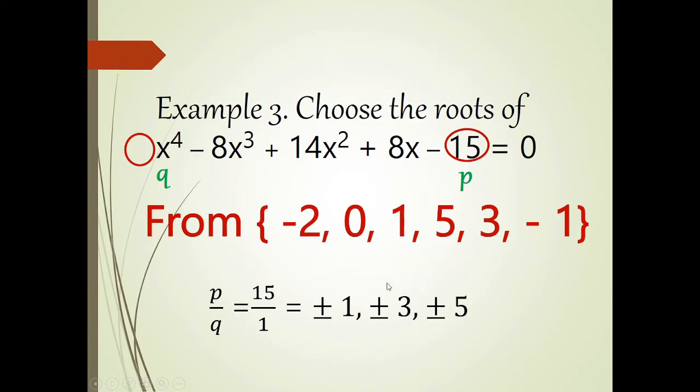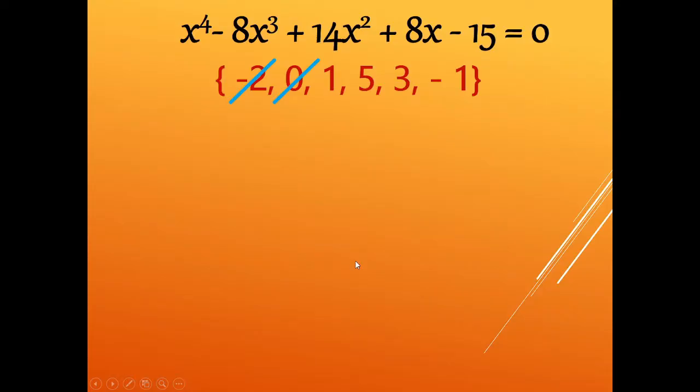Ayan. So, ibig sabihin, mali itong negative 2 tsaka 0. So, heto ang posibleng tama: 1, 5, 3, negative 1. Pero pakita pa rin natin.